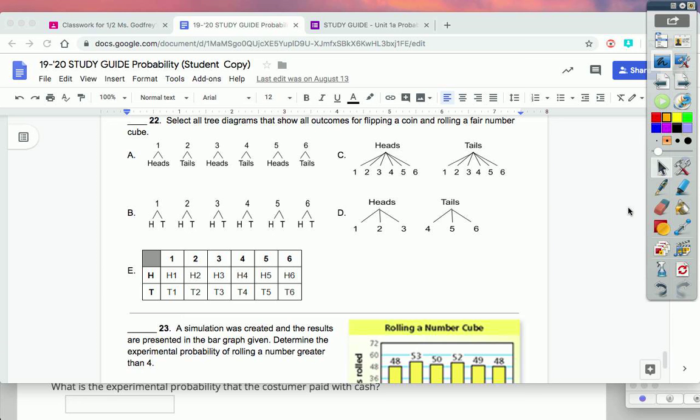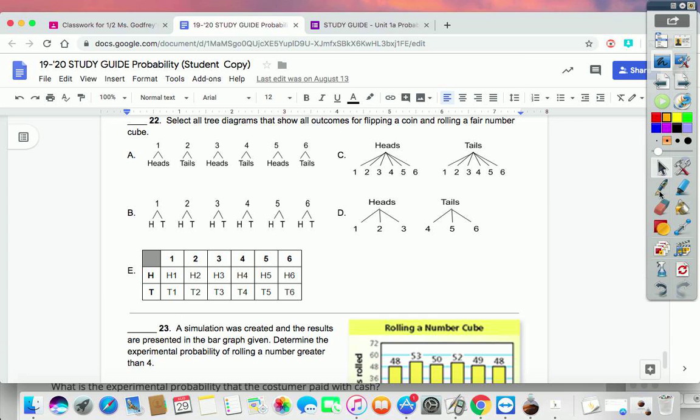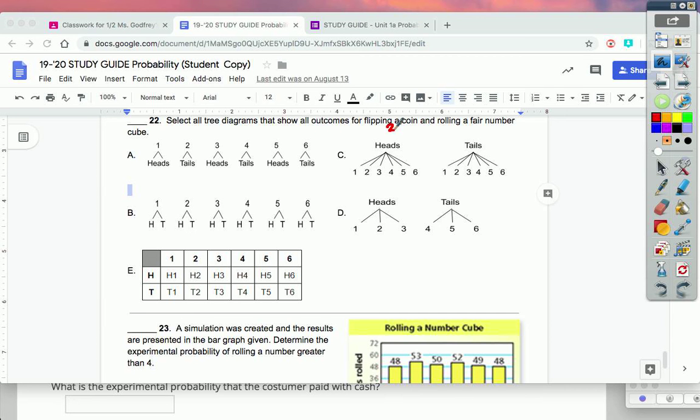It's all tree diagrams of flipping a coin and rolling a number cube. So if we have a coin, we know we have 2 possibilities, heads or tails. A number cube has 6 possibilities. So if we started with flipping a coin, that will give us heads or tails. And we're looking for a tree diagram, so we know this one is completely out. We can get heads or tails, which are C or D.